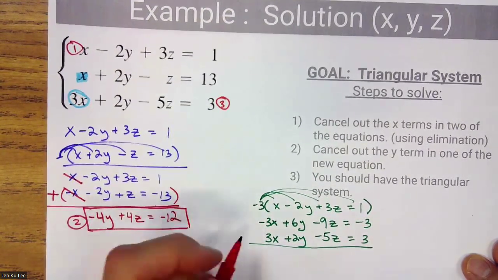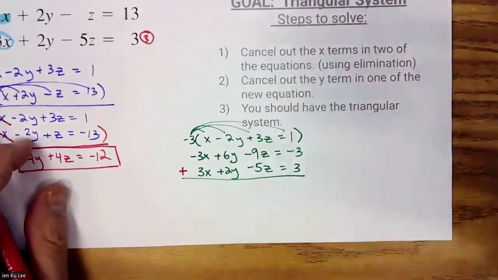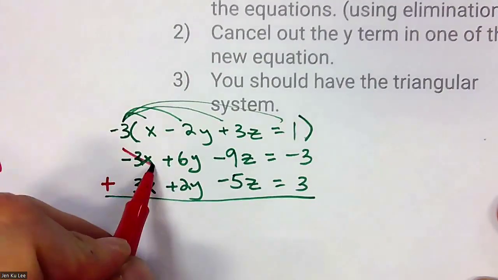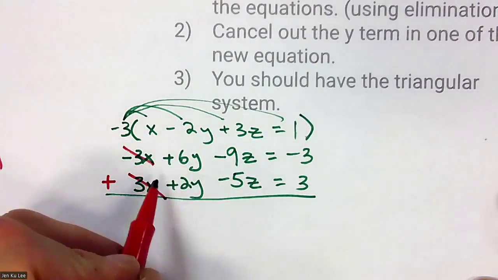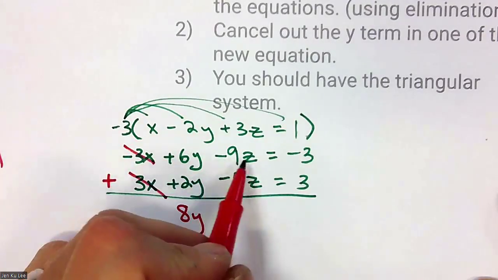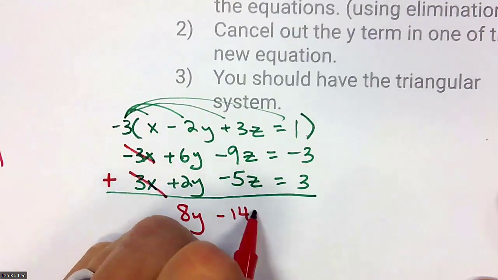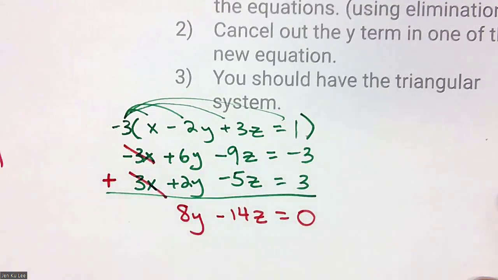So then when you add those two together, you would end up getting negative 3x and 3x, they cancel out. 6 plus 2 is 8y, negative 9z minus 5z, that's minus 14z, equals negative 3 plus 3, that's 0.